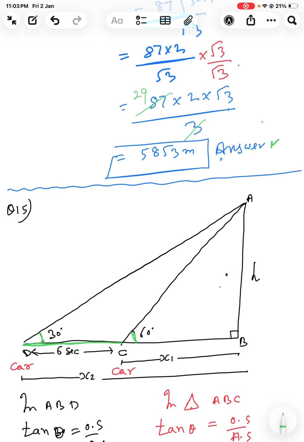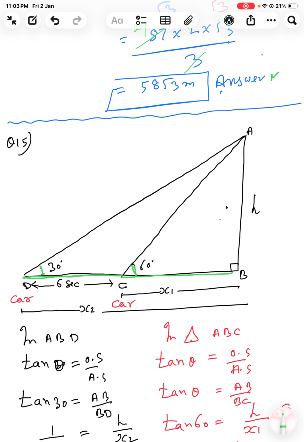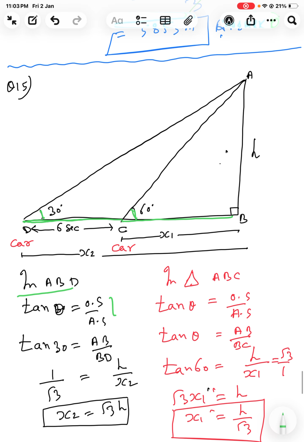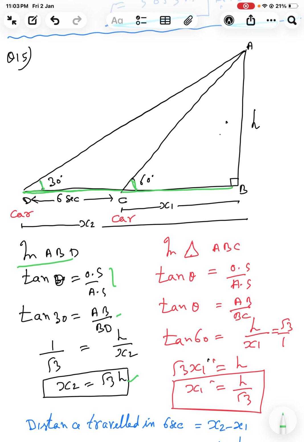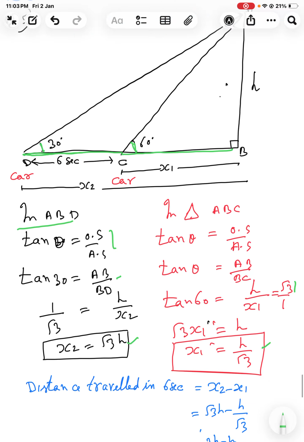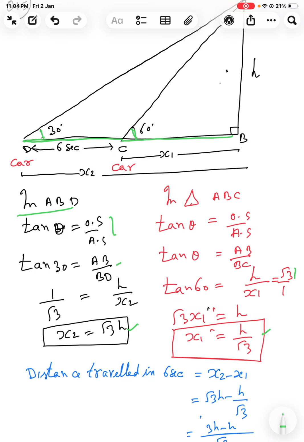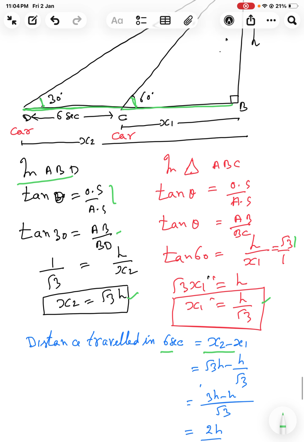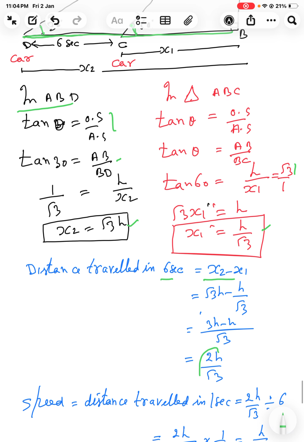We have to find the distance from C to B. Now in triangle ABD, tan theta equal to opposite side upon adjacent side, and tan 30 is AB upon BD, x2 equal to root 3 h. Similarly, in tan 60, h upon x1, tan 60 is root 3 upon 1, x1 equal to h upon root 3. But the distance travelled in 6 seconds, that is x2 minus x1, is 2h upon root 3.